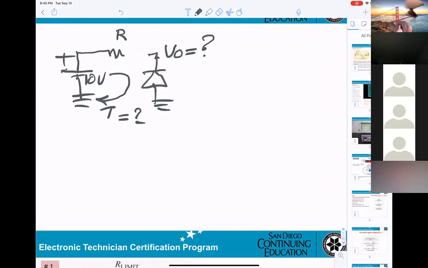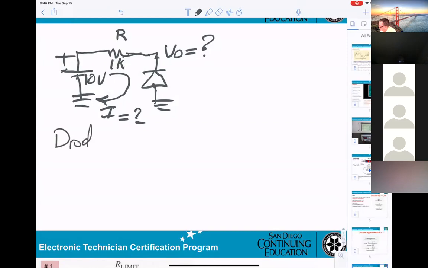Then that is 1K. Okay, what are VL and what is current I? I ask the same question, only I reverse the diode. And now you must tell me whether the diode is on or off first. Off.